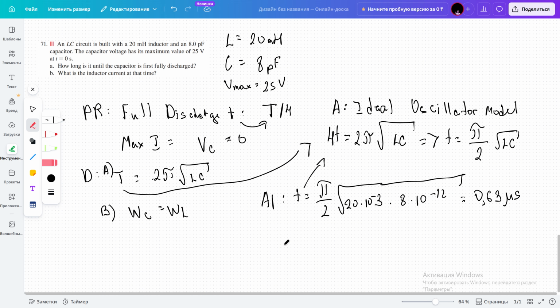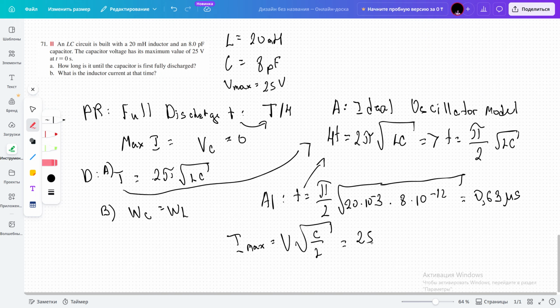And let's calculate maximum current using the formula that we used in the previous task: voltage times square root of C over inductor. We need to just plug in the values.